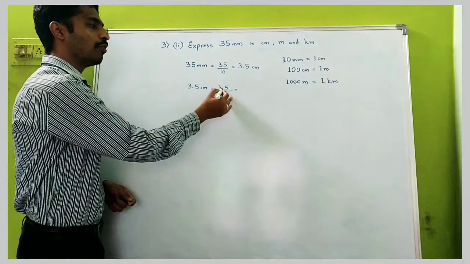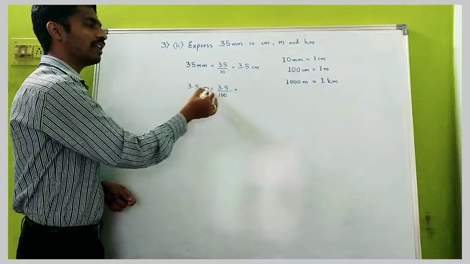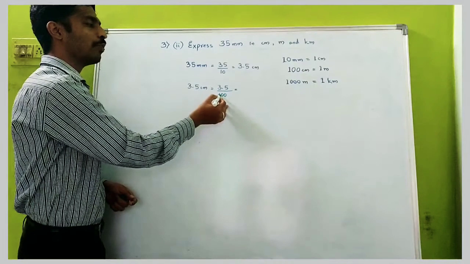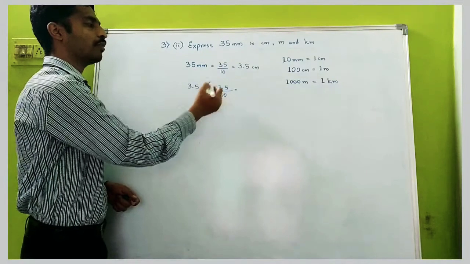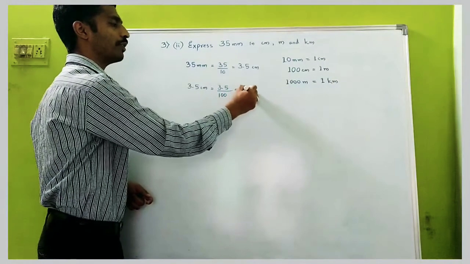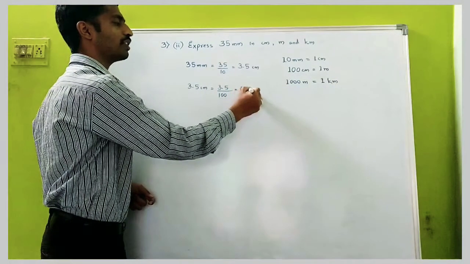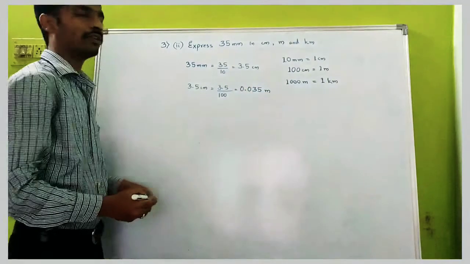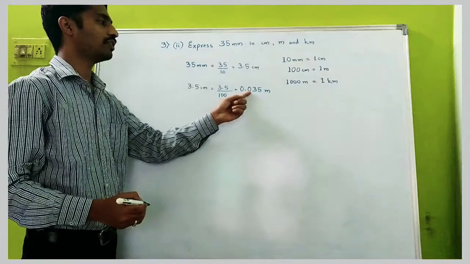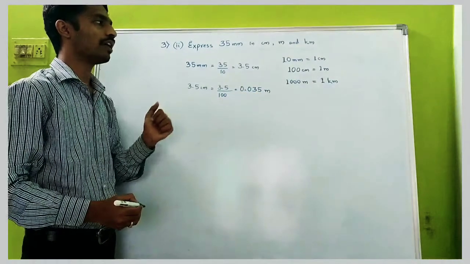Again you have to move towards left side. How many points? 2 points. It means 3 is there. After that we have to take the 0 and put the point. So here we will get 0.035 meters. Okay, so 0.035 meter is our answer.